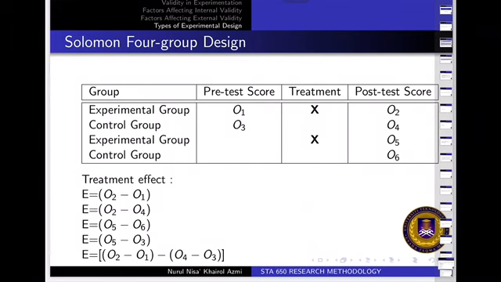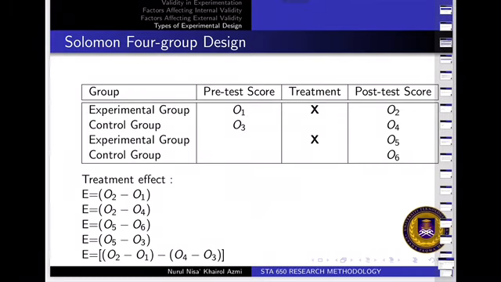So in this case, we can see the effect before and after for the experimental group, which is O2 minus O1. And then the effect before and after for the control groups. And then O5 and O6, the post-test for experiment and the control group.